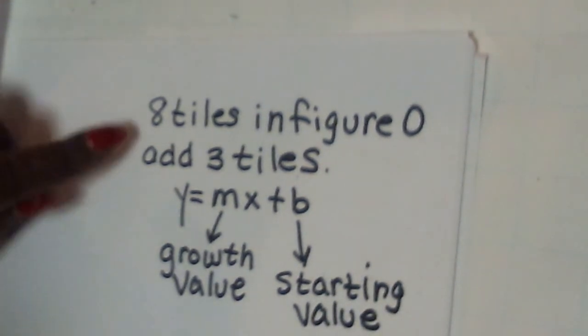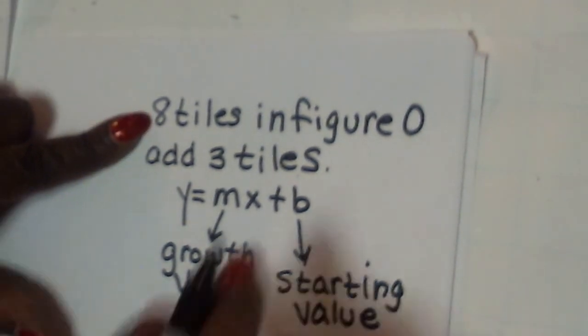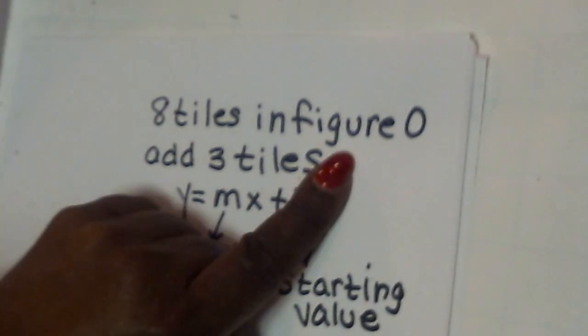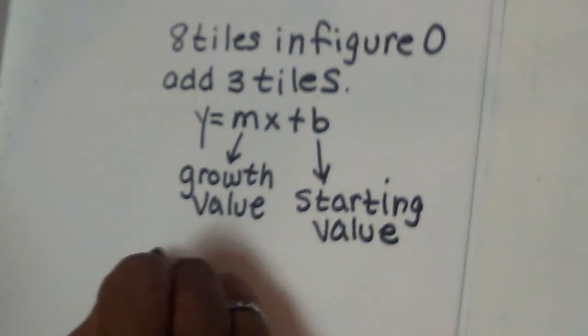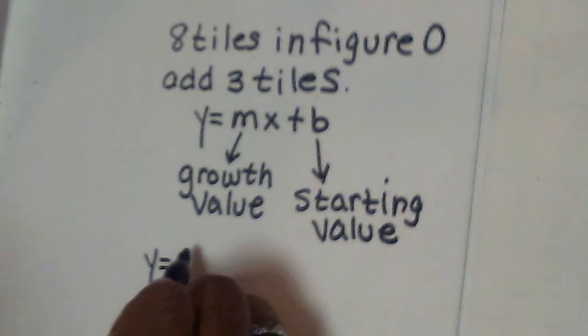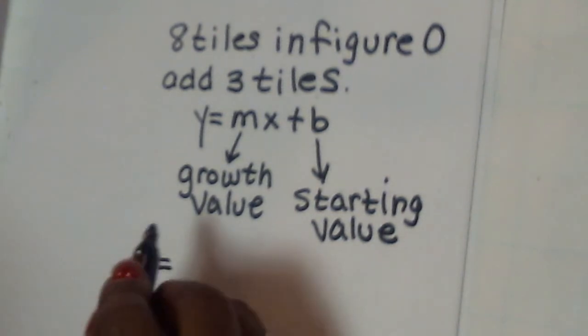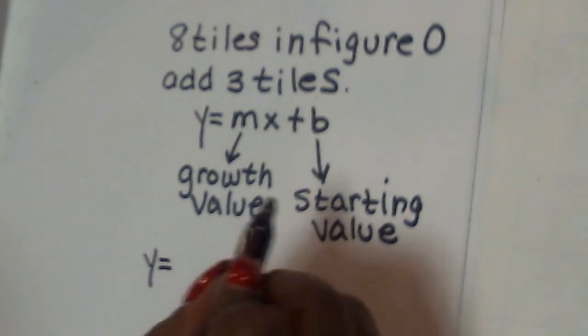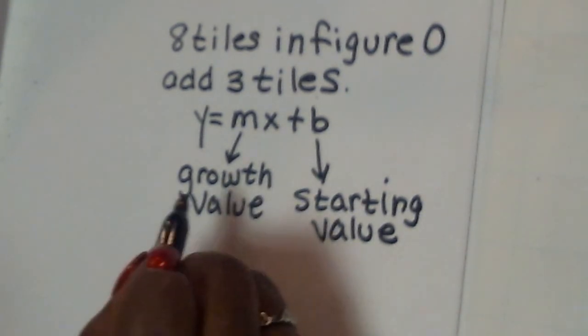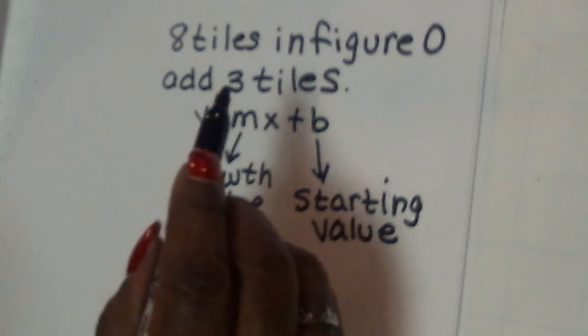So to write the equation, 8 tiles in figure 0, and we should know by now that figure 0 is our starting figure. So I can write my equation, y equals. The growth value is 3, because we added 3 tiles.